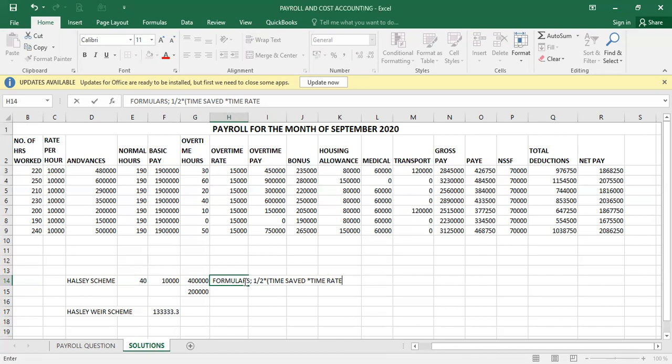That is for this one, for the house scheme. That's how we pay the bonus.